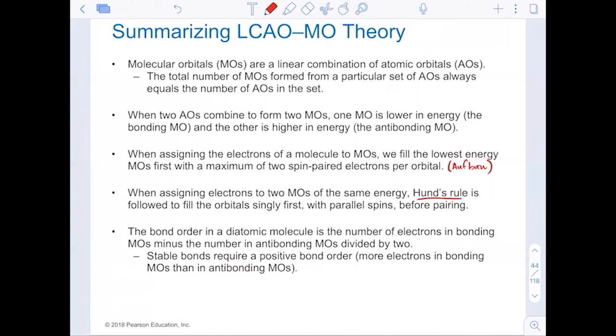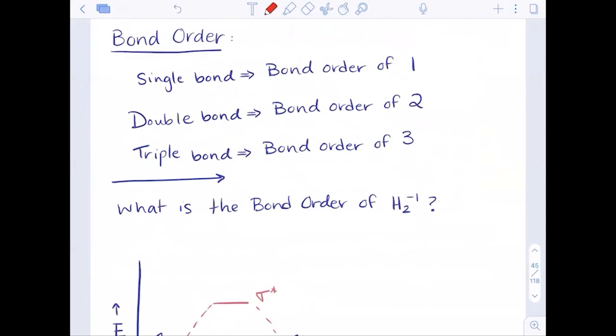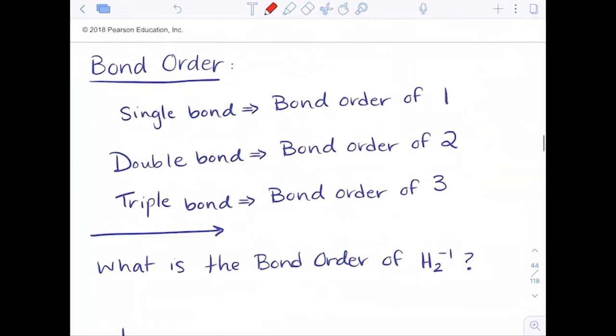Now, the bond order of a diatomic is the number of electrons in bonding minus the number of electrons in antibonding, divided by 2. Stable bonds require a positive bond order, more electrons in bonding MOs than in antibonding. Another way of looking at bond order is simply by understanding the number of bonds the 2 atoms made. So we can look at bond order for non-diatomic things.